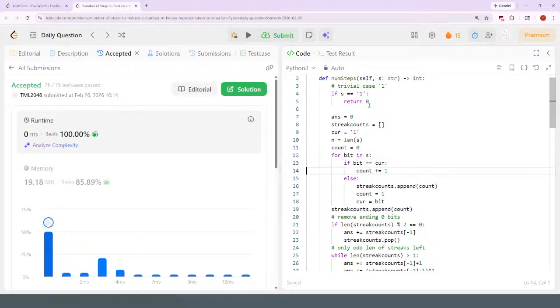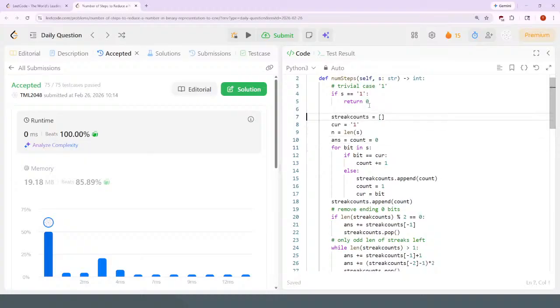I think there was probably a better way of counting streaks than this. Every bit, so just converting it.